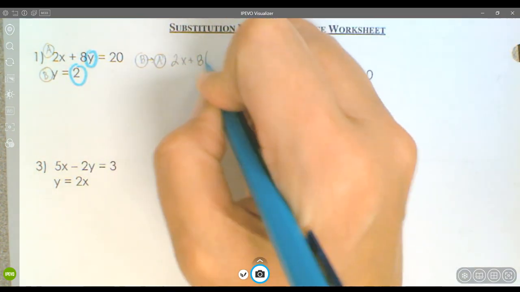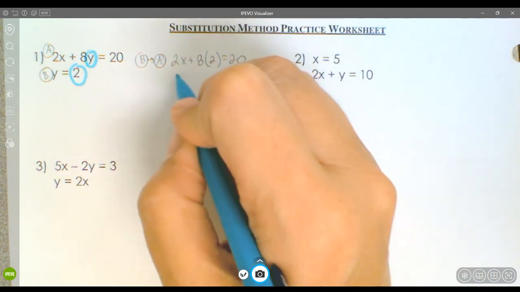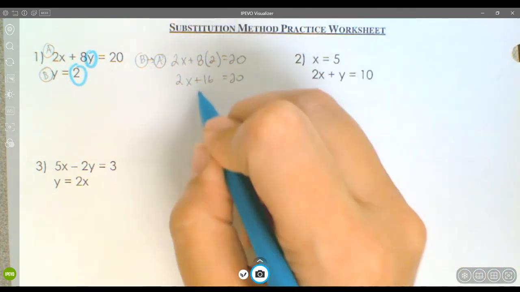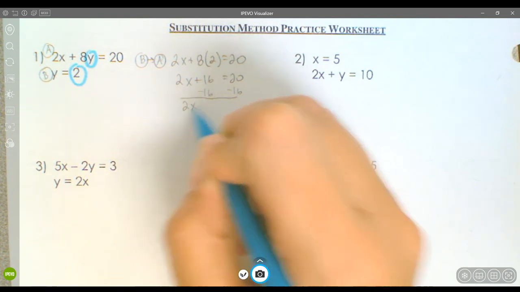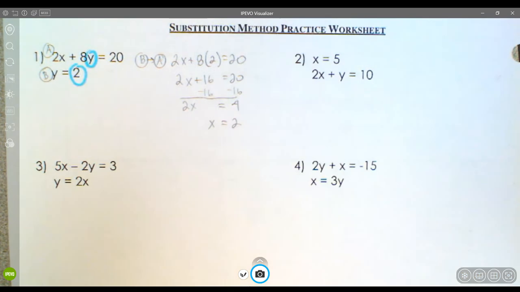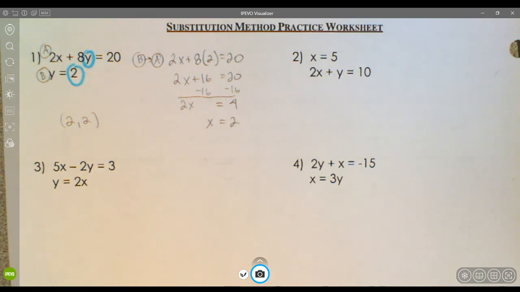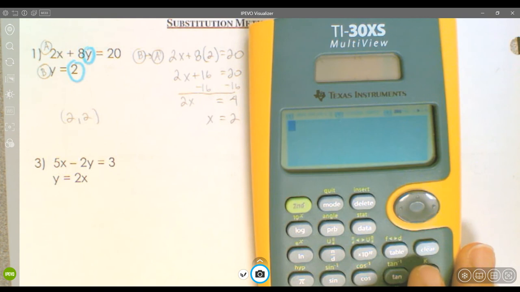So we have 2x plus 8 times y equals 20. 2x plus 16 equals 20. When we subtract the 16 from both sides, we find that 2x equals 4, and so x equals 2. So it looks like my ordered pair is 2, 2. It's not a done deal yet because I make mistakes. Y'all have seen them.